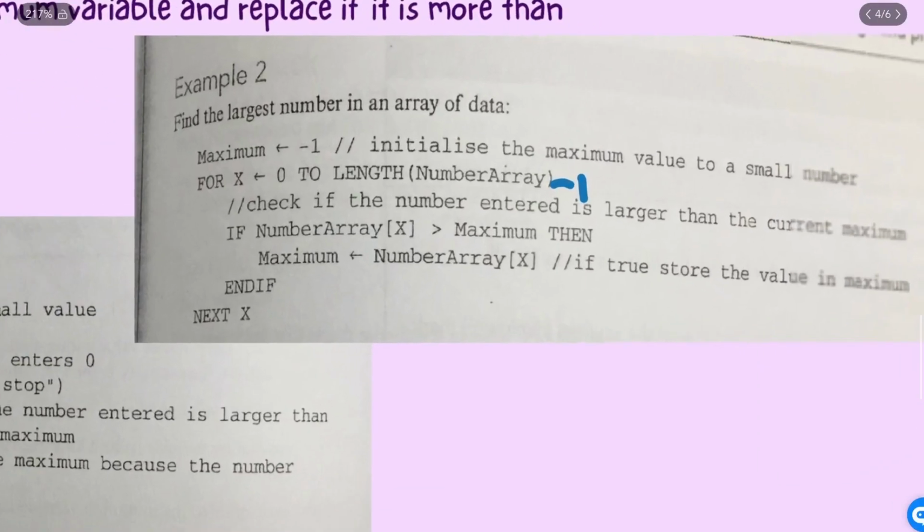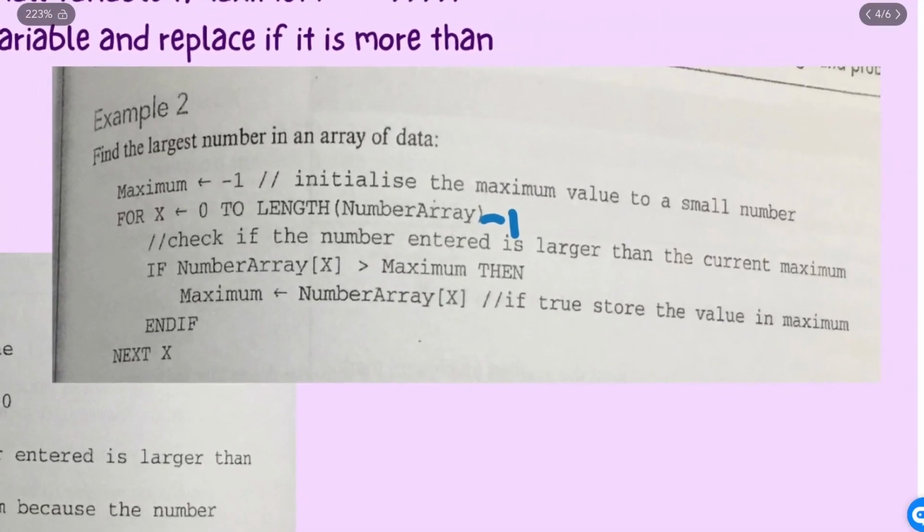And over here, find the largest number in an array of data. Maximum is set as -1, which is a small number. For x 0 to length number array, check if the number entered is larger than the current maximum. So if number array x is more than maximum, then the new maximum becomes the number array x.